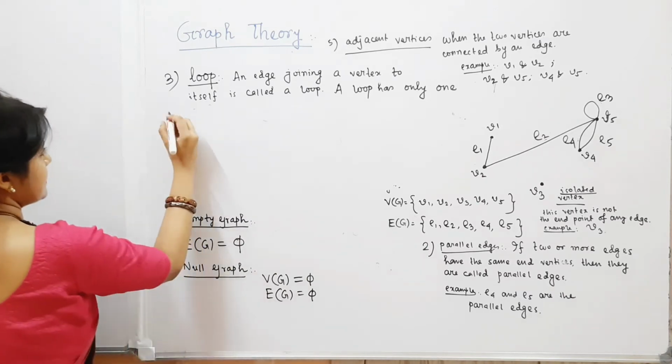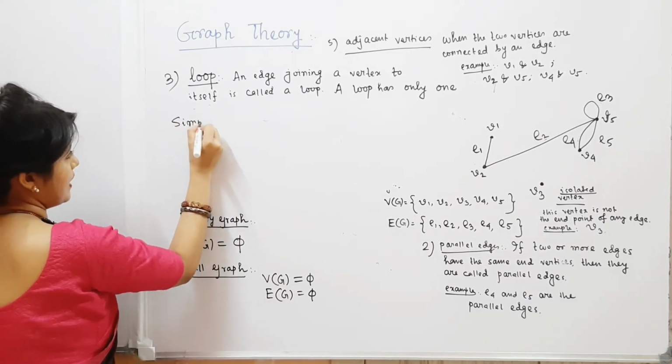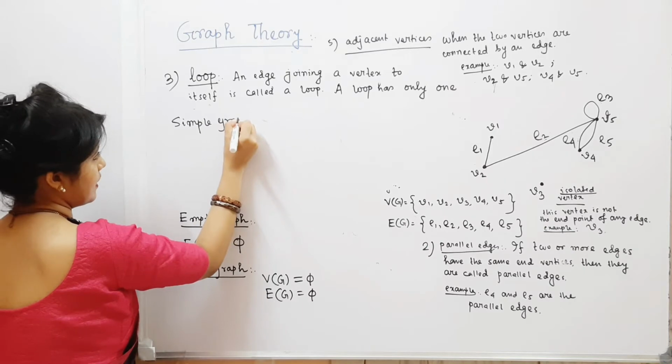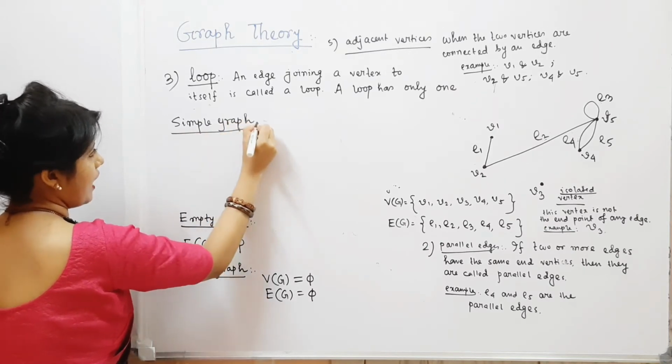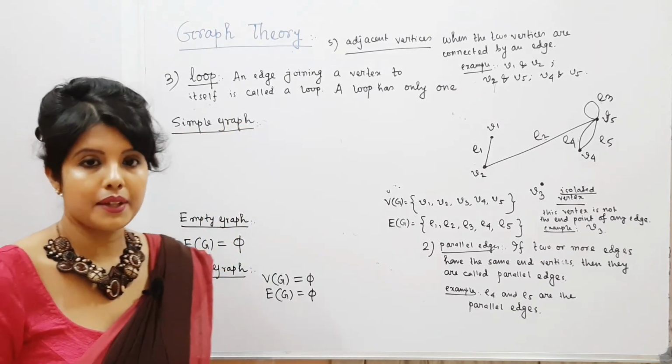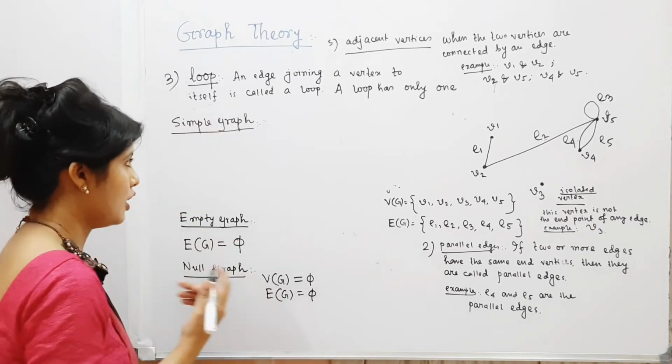Now a simple graph. So what is called a simple graph? If a graph does not contain any parallel edge or any loop.